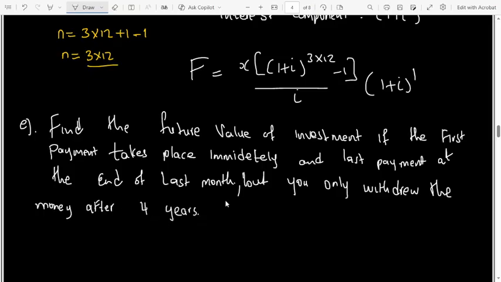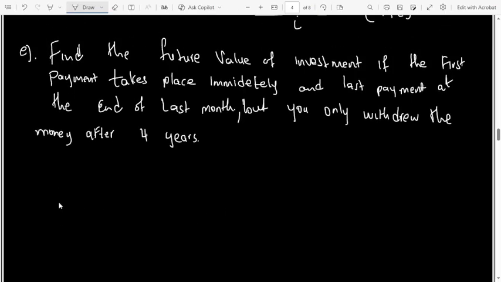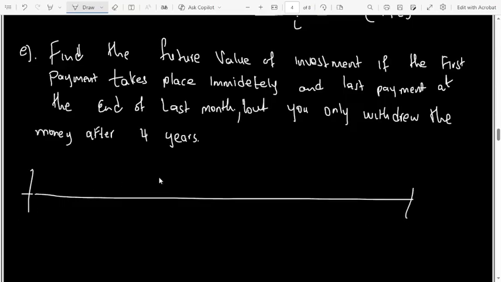So I think you already know how this one will look. Remember, number one, we need to first put this on the number line. We make an immediate payment. So, and then we stop at 36. But we're gonna wait and leave this money until month 48.